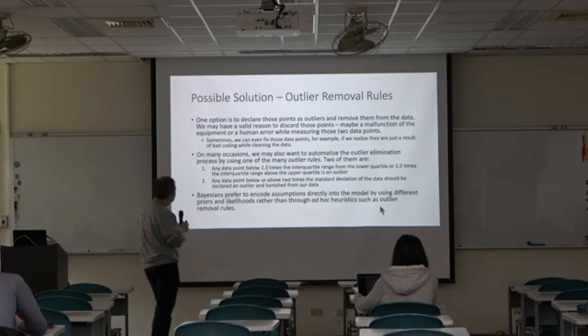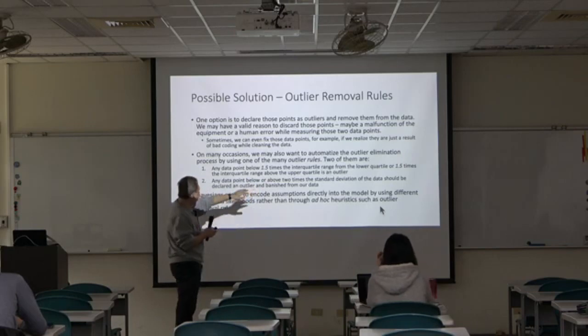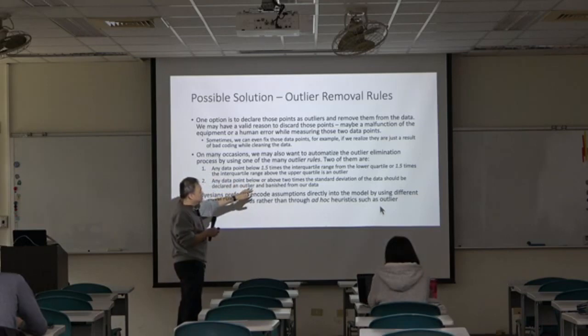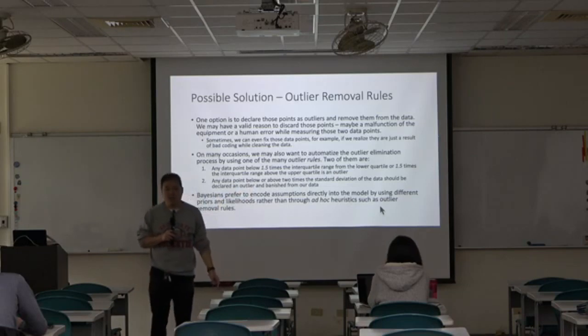The first: any data point below 1.5 times the interquartile range from the lower quartile, or 1.5 times the interquartile range above the upper quartile, is an outlier. First, do you know quartile? No? In Chinese, it's called 四分位数.